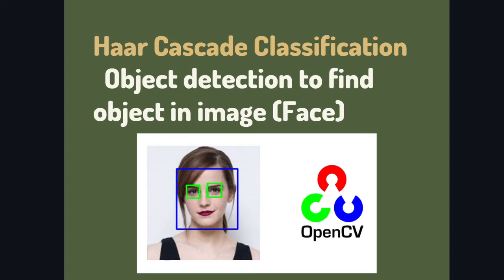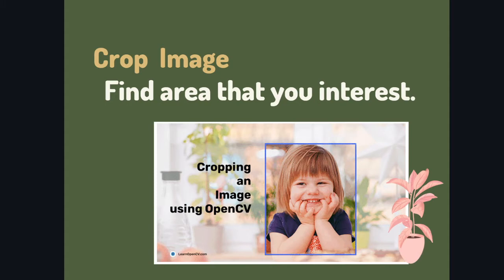The algorithm I use to detect the face is Haar cascade classification, one of the functions in the OpenCV library. And this is the crop image. Cropping is the step that finds the area you are interested in.